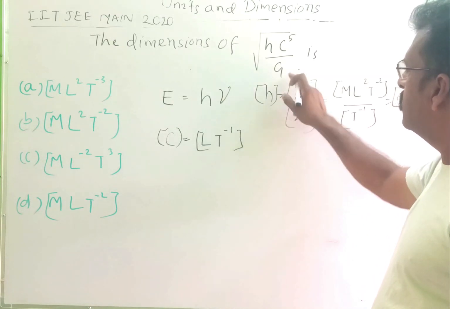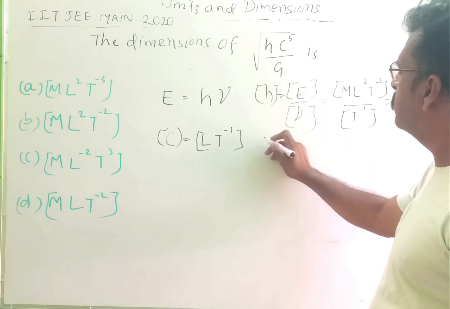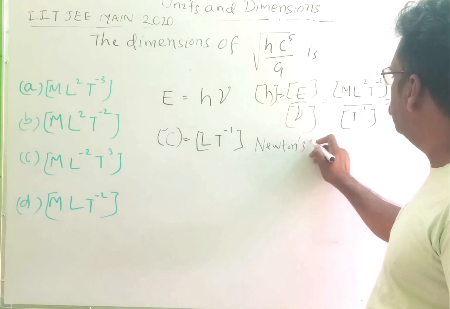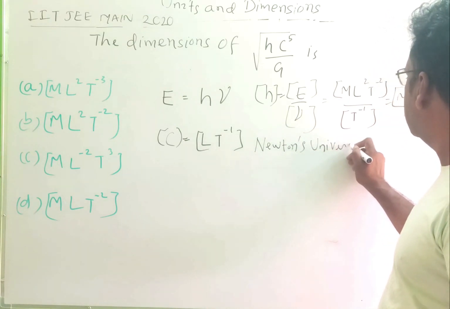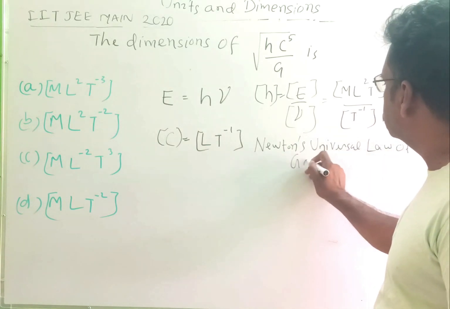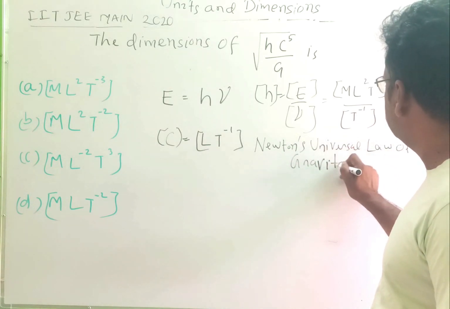G, the formula for G can be obtained from Newton's universal law of gravitation. What does this law state, student?